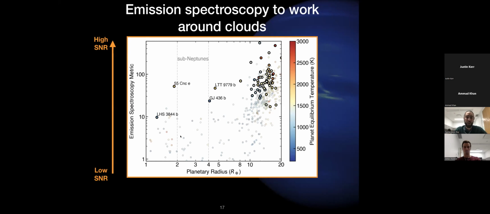And so here I'm showing a figure of the emission spectroscopy metric, which is just an index of how suited a planet is for eclipse observations. Basically, do we expect a high signal to noise or a low signal to noise ratio for eclipse observations? The thing is, in the sub-Neptune population, we see that we are kind of not finding a particularly good target to follow with this method.